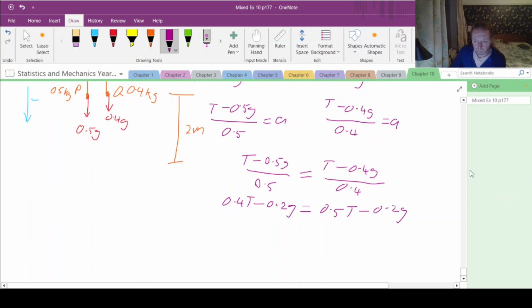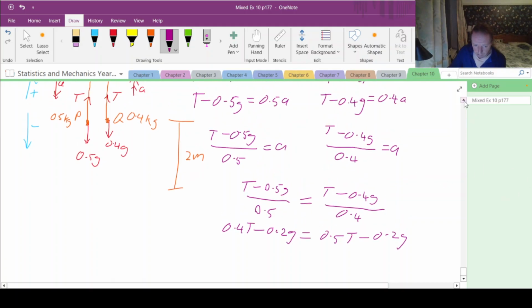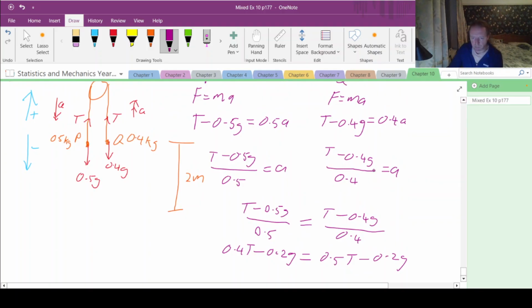So let's just have a quick check that we've copied it all down correctly. Mass times the acceleration. Acceleration is positive. On this side, the acceleration was negative. There, minus A. Look at my direction.